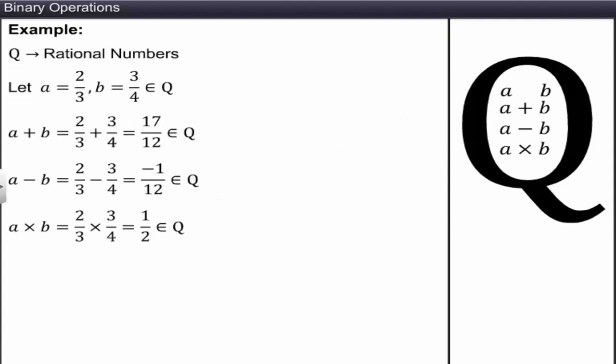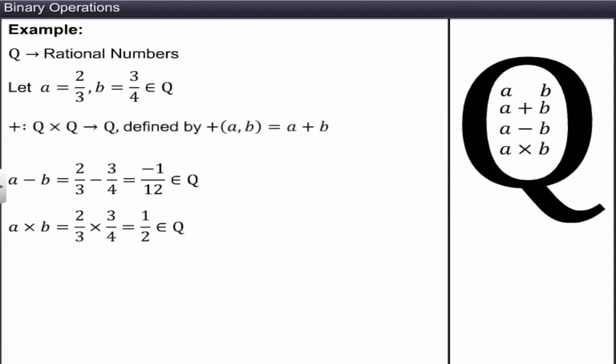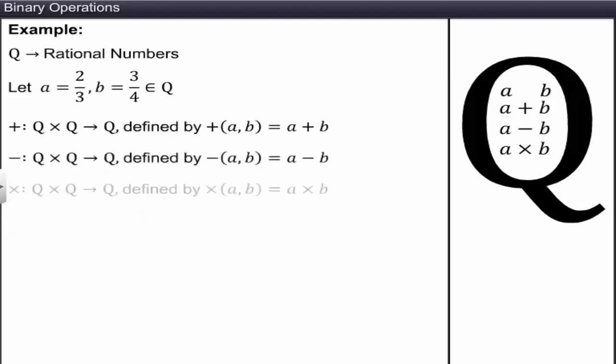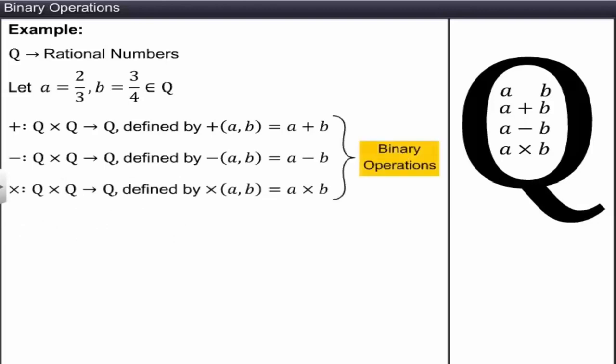Hence, the function addition from Q cross Q to Q, defined by plus of A comma B is equal to A plus B, is a binary operation. Similarly, the functions subtraction and multiplication from Q cross Q to Q are also binary operations.